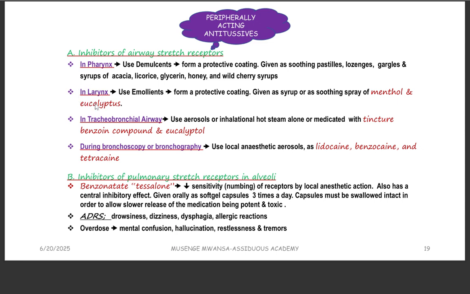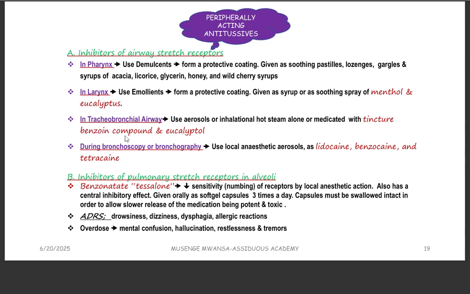And then in the larynx, you use emollients. So in the pharynx, it was demulcents. In the larynx, emollients, which form a protective coating, and they are given also as a syrup or soothing spray, or menthol and eucalyptus.